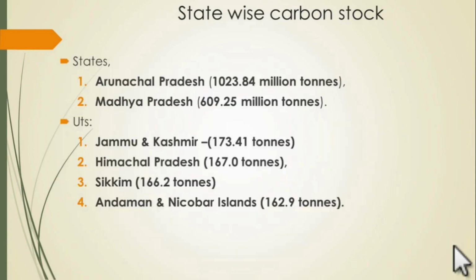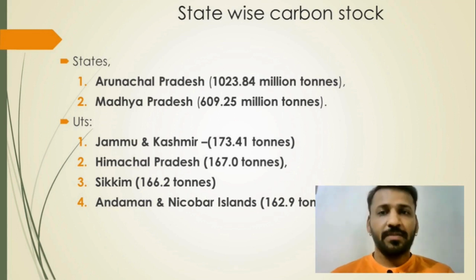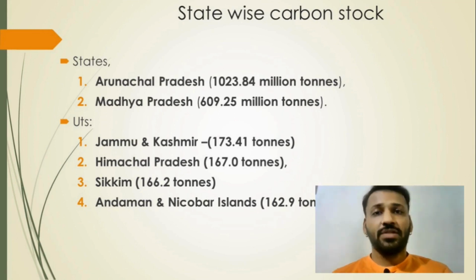The Economic Survey also talks about state-wise carbon stock. Arunachal Pradesh ranks first in terms of total carbon stock, with 1023 million tons. Number 2 is Madhya Pradesh, with 609 million tons.